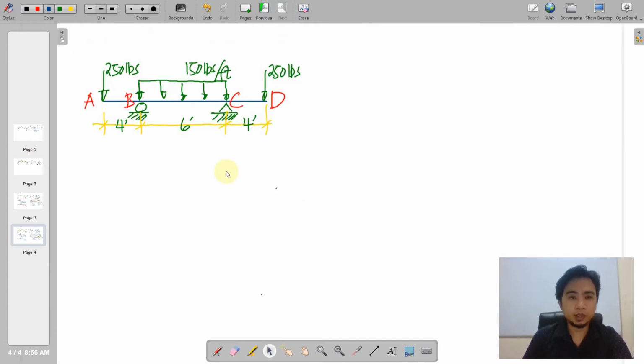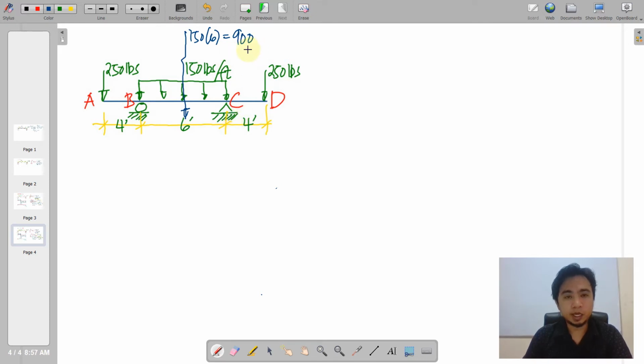Okay, so we have here a symmetrically loaded problem. If this is symmetrically loaded, therefore the reactions at B and C will just have an equal value, that is half of all your loadings. Of course, we wanted to resolve this 150 pounds per foot into its resultant that is located at the mid of the dimension, and that is 150 times 6, equal to 900.